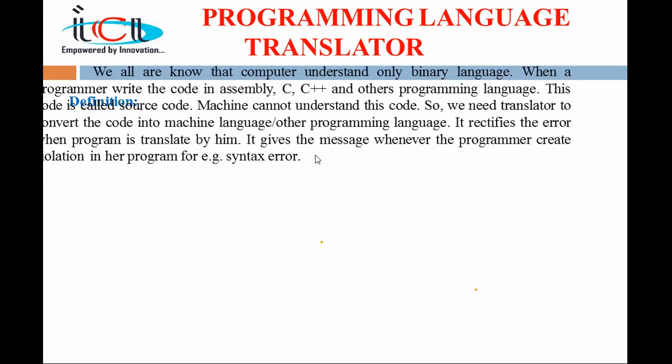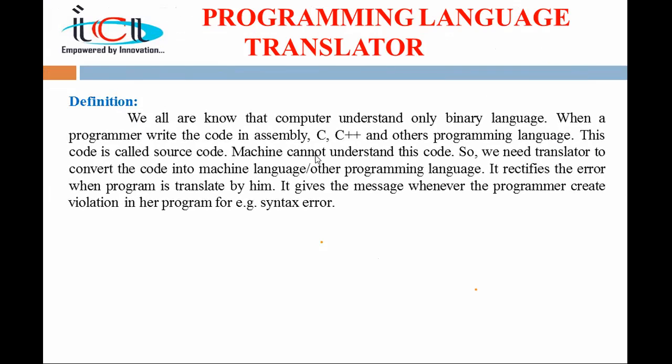First, the definition of programming language translators. We all know that a computer understands only binary language. When a programmer writes code in assembly, C, C++, or other programming languages, this code is called source code. When we write the program code in the IDE, that code is called source code.